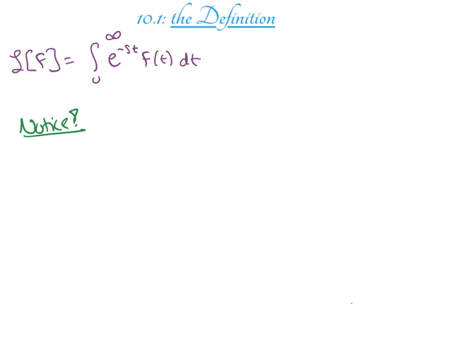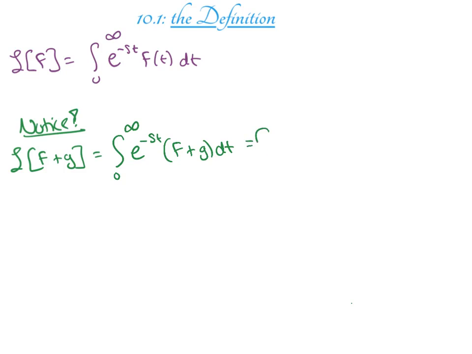And before we do that example, I want to point something out that is crucial to Laplace transforms. I've got the definition of what the Laplace transform of a generic function f is, and I want you to notice this. The Laplace transform of a sum of 2 functions, f plus g, would be defined to be the integral from 0 to infinity of e to the negative st times the quantity f plus g dt.